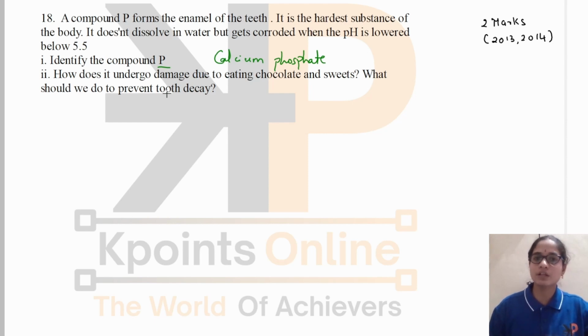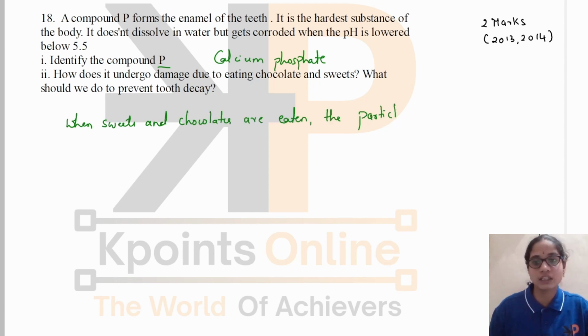Then how does it undergo damage due to eating chocolate and sweets? What should we do to prevent tooth decay? Even though it is the hardest substance, how does it get damaged? When sweets and chocolates are eaten, the particles are stuck in the mouth.